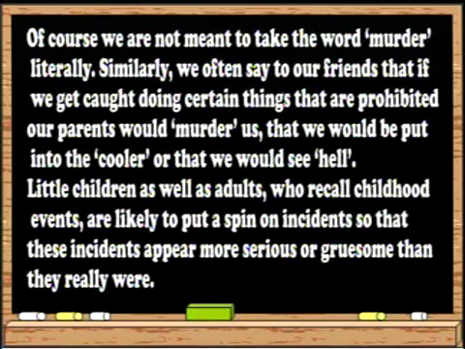Similarly, we often say to our friends that if we get caught doing certain things that are prohibited, our parents would murder us, that we would be put into the cooler, or that we would see hell. Little children as well as adults who recalled childhood events are likely to put a spin on incidents so that these incidents appear more serious or gruesome than they really were.